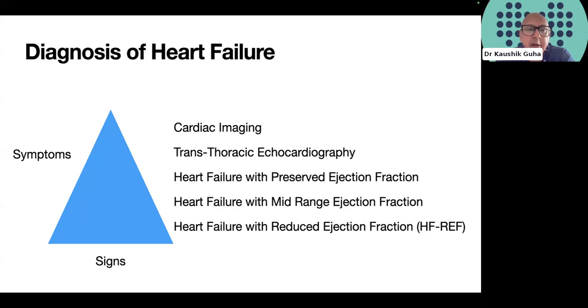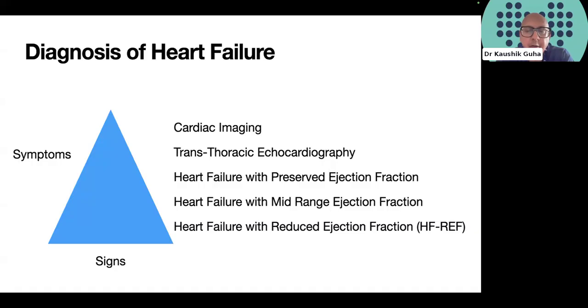So rather than using other nomenclature such as forward or backward, high output or low output, diastolic or systolic, or any other terminology we learnt during our resident doctor training or medical school years, we now use very standardized nomenclature, and this is a more global terminology.